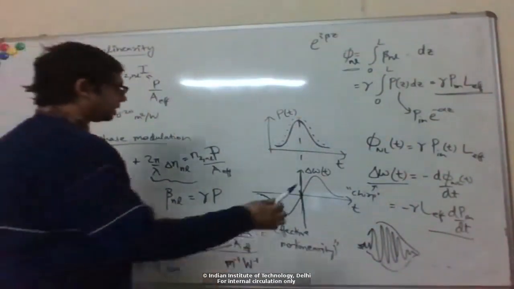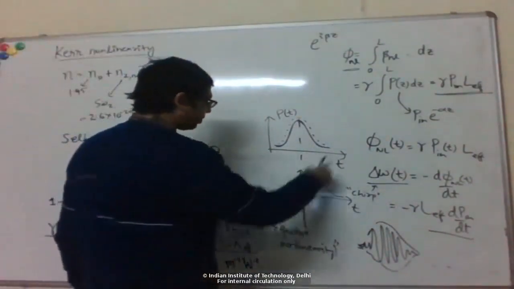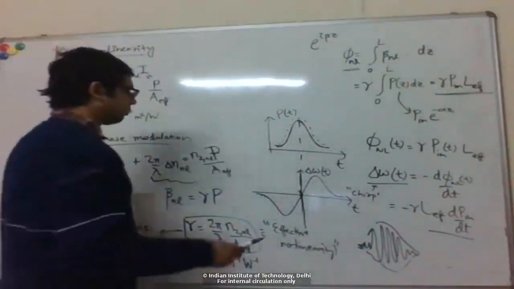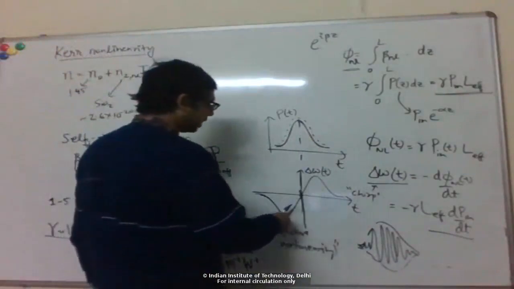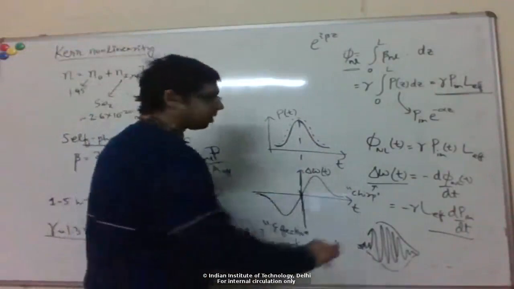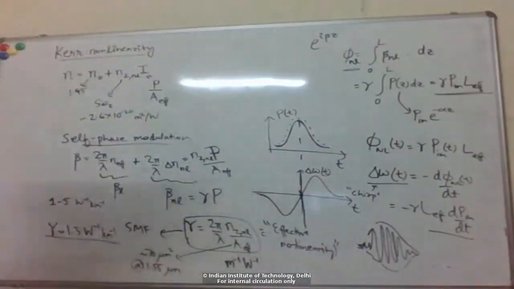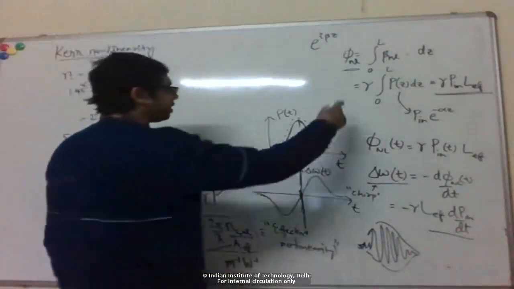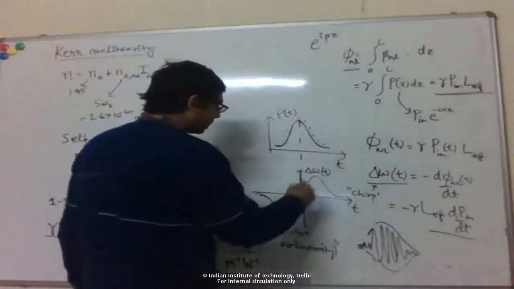So recall, with dispersion, we had a linear frequency chirp. If you assumed a Gaussian pulse, then we saw that because of dispersion, we ended up with a linear frequency chirp, either positive or negative, depending on the sign of the GVD of the fiber. So here we are seeing that because of nonlinearity, there's also a chirp.